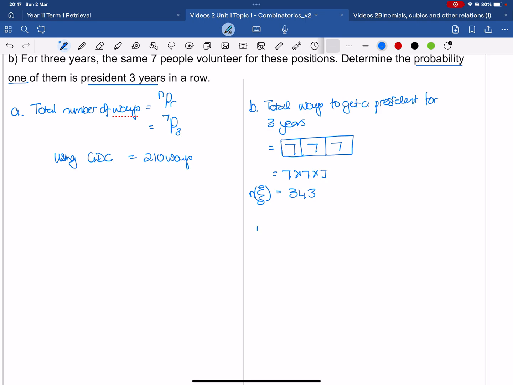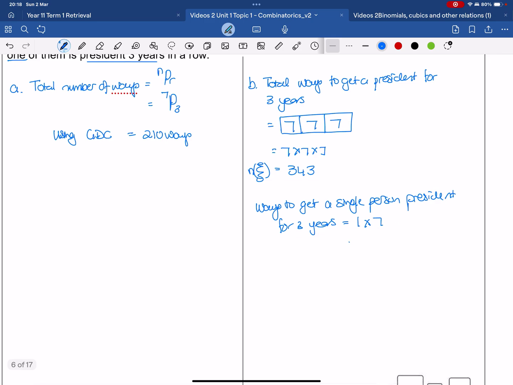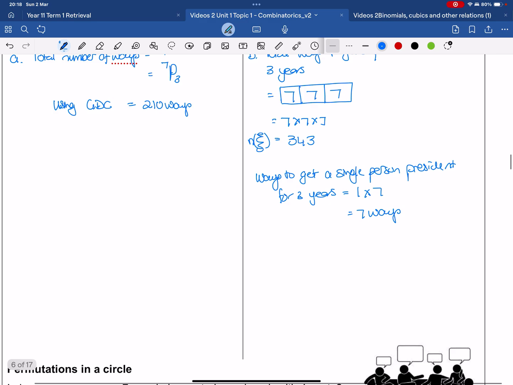So my ways to get a president, or a single person to be president for 3 years. Well, it's one position, but there are 7 people that could get that. So that's going to be 7 ways.